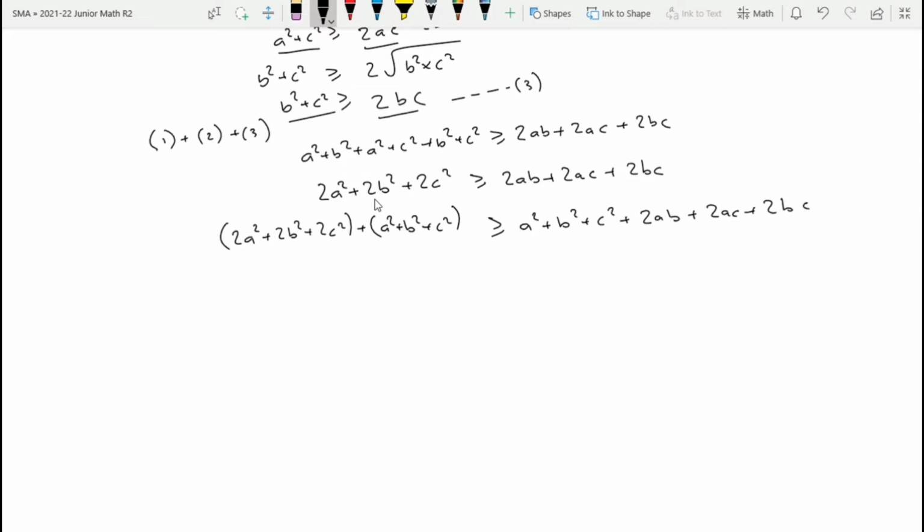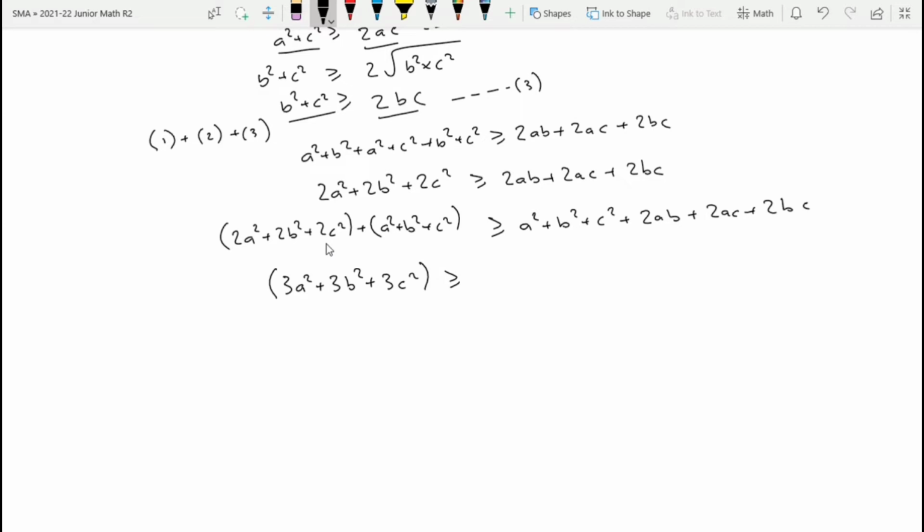When we simplify the left hand side, we have 2a squared and a squared, 2b squared and b squared, 2c squared and c squared. So when we join them together, we have 3a squared plus 3b squared plus 3c squared on the left hand side, greater than or equal to the right hand side.